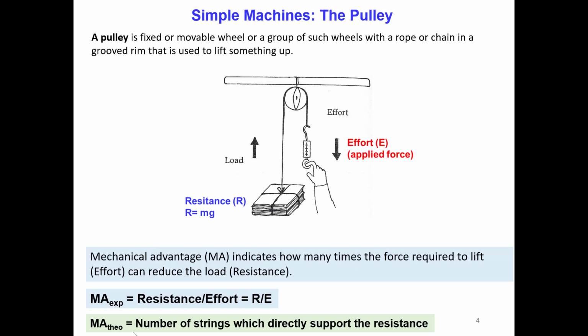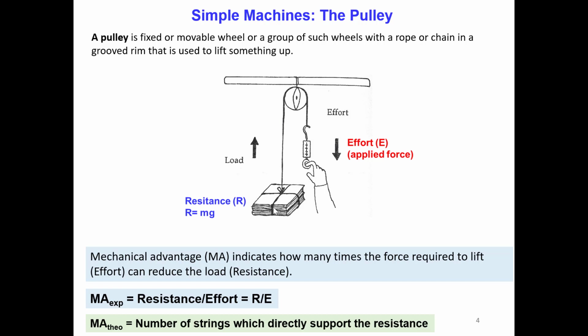What is in theory? Yes, in theory. If the number of strings that directly support the resistance is 1, then the mechanical advantage is 1. And probably you say, if the mechanical advantage is 1, why are we using that simple machine? Remember the other reason we use the simple machine: it can change the direction of the force.